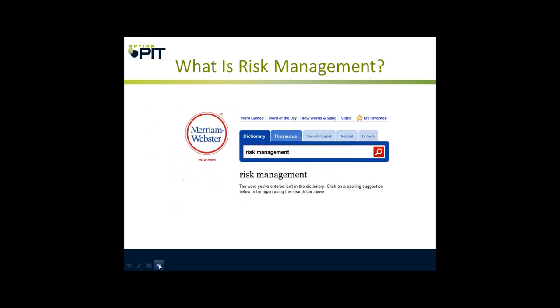All right, what is risk management? I always thought this was funny. I went into Merriam-Webster online and typed in risk management into the dictionary, and it said, the word you've entered isn't in the dictionary. Click on spelling suggestions. So I thought it was kind of funny because there's no official definition of risk management.